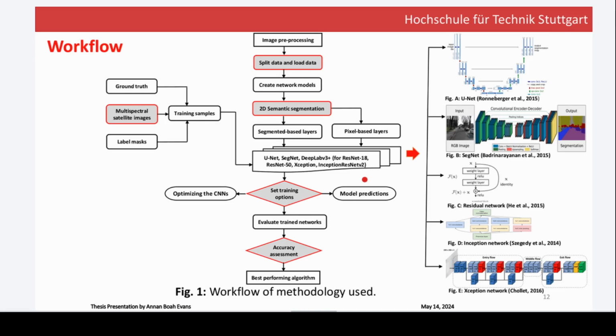And one of the key aspects here is to set training options. The training options is where you have to tune some parameters until you get an optimal result so that it will make a prediction. How are you going to optimize the convolutional neural networks? One of the key aspects you have to tune here is what we call the initial learning rate, the number of epochs, and the minibatch size.